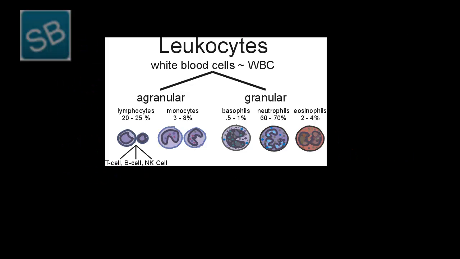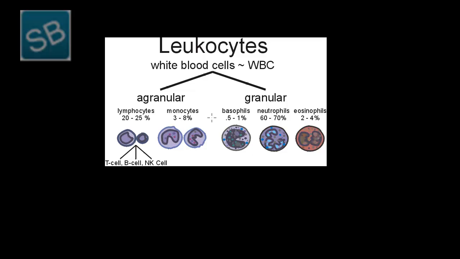Now the WBC or leukocytes are further divided into two types, agranular and granular. This classification is based upon the staining characteristic of cytoplasm and shape of nucleus. Granulocytes are the WBC which contain granules in their cytoplasm.